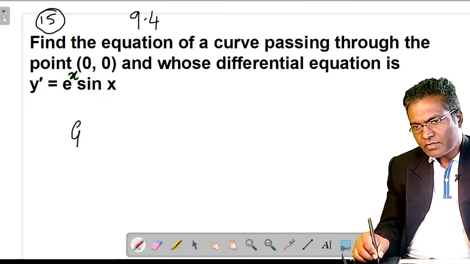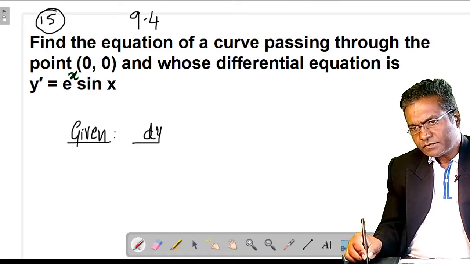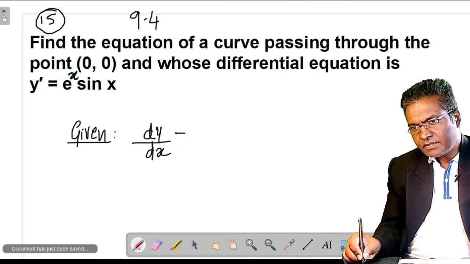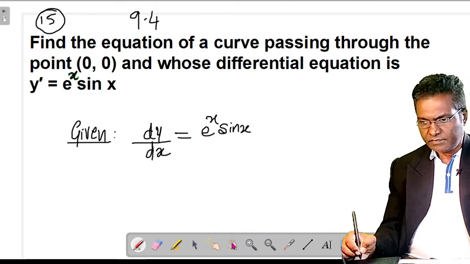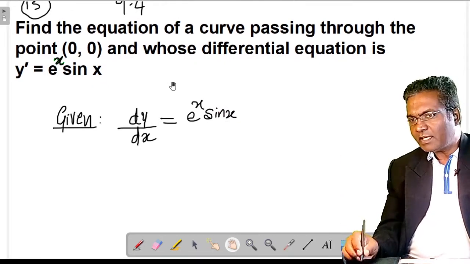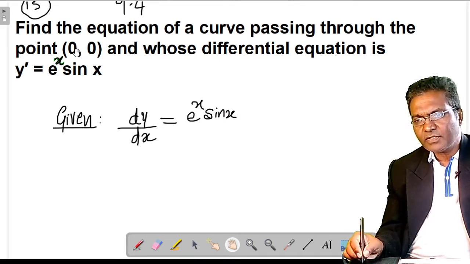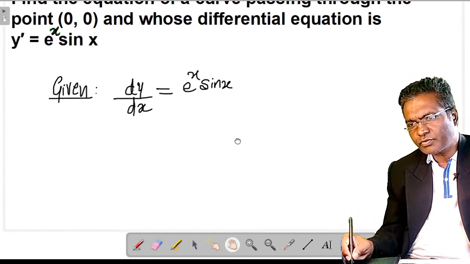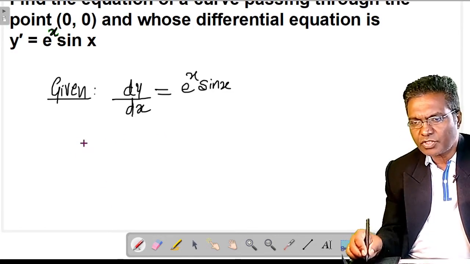Okay, so given can be written as dy by dx is equal to e power x into sin x. Now on solving this you will get one curve, and it is given that the curve passes through the point 0, 0. So first you solve this, you will get the solution of this differential equation.